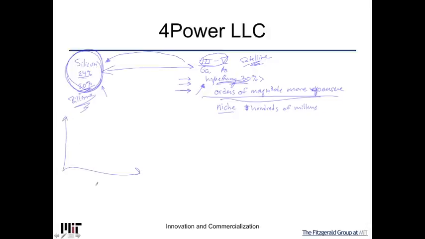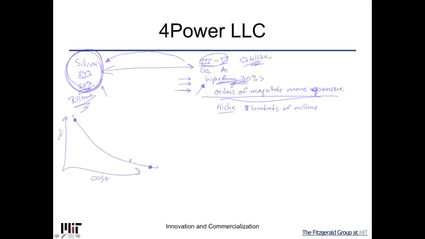Now, of course, one of the key things to remember is what we talked about a long time ago, the universal volume cost curve, right? Remember that the silicon industry is way, way out here. So even if we can put these materials on here, in 4Power's initial manufacturing, our volumes will always start lower, even if we're on the same curve. So our costs will always be higher.